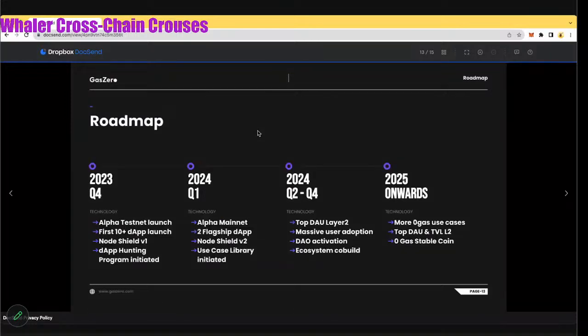Talking about the roadmap, we are right now on the alpha testnet launch, and we are onboarding our first 10 dApps to launch. We have a grant program, Zero Gas Grant number 1, which basically gives a grant in the form of marketing expenses.